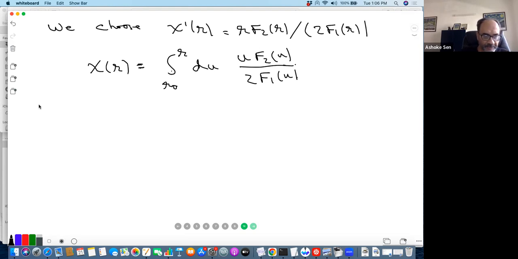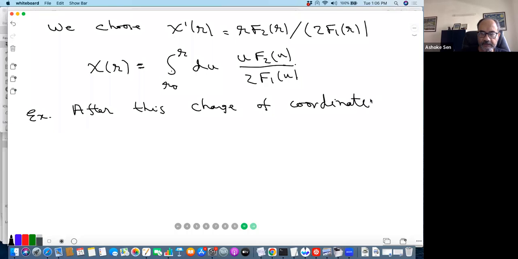So it's a simple exercise. Let me just write this down. So exercise: after this coordinate transformation, change coordinates, ds square will be given by minus f1 of r dt prime square plus dr square.